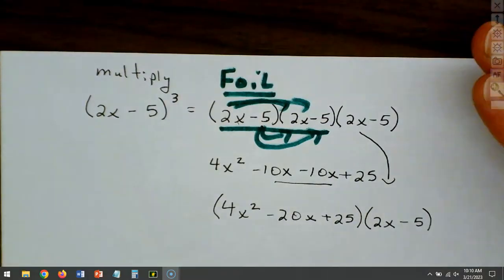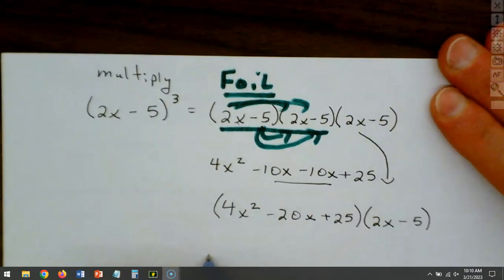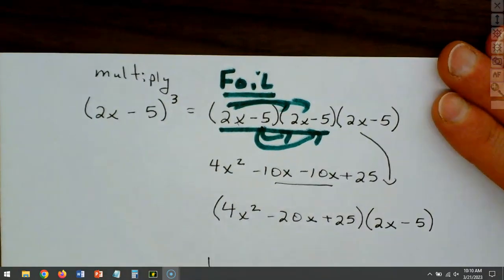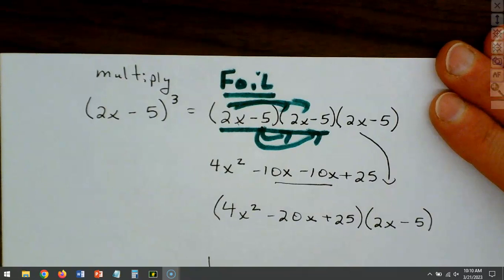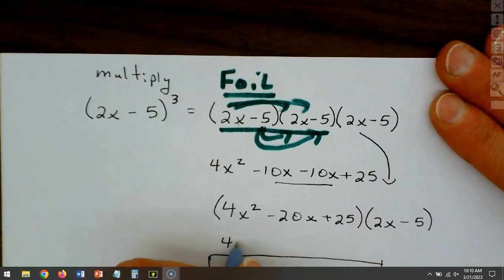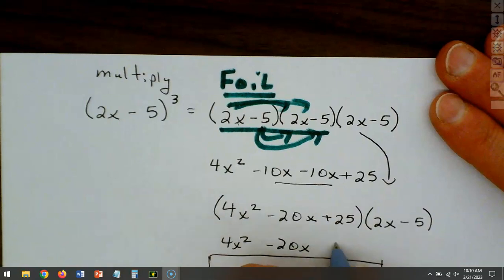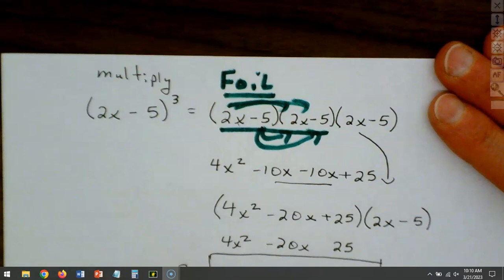So we're going to have to use the box or the rectangle method. It doesn't matter which one goes across the top and which one goes down the side. I usually write the larger one across the top just like this. The smaller one will go down the side.